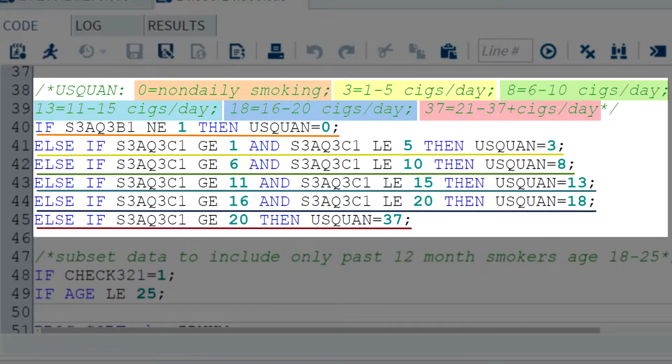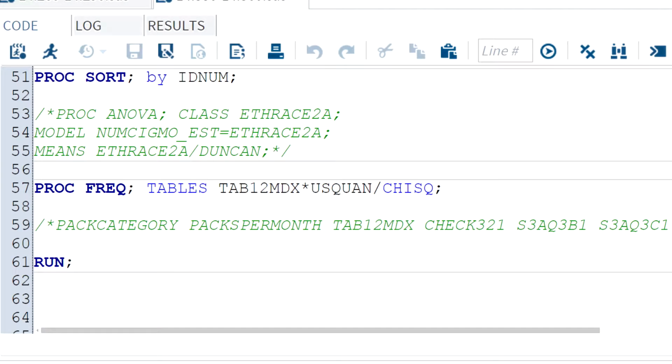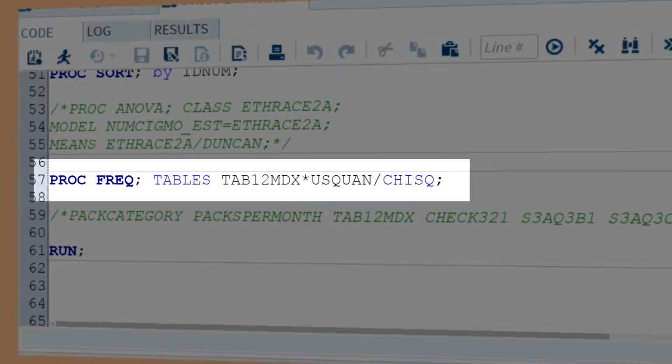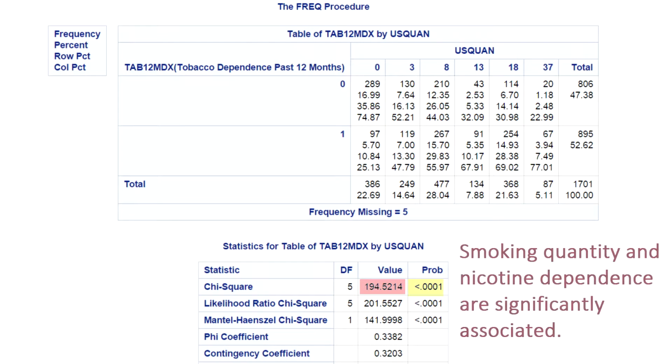Now we're going to scroll down to the bottom of the program and request a chi-square test of independence, examining the association between nicotine dependence in the past 12 months and this new smoking variable called USQUAN. As we can see from the large chi-square value and significant p-value, smoking quantity and nicotine dependence are significantly associated.